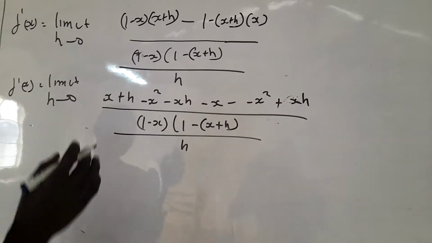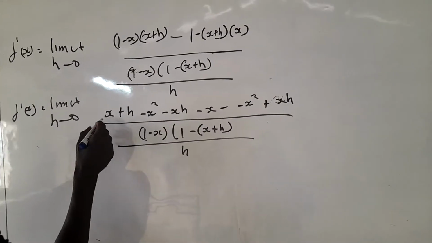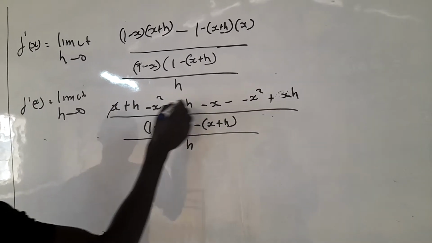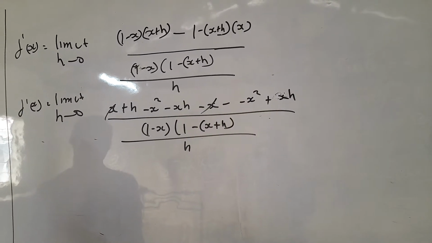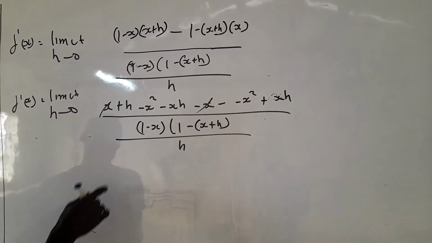Then, from here you can cancel out that which we have to cancel. As you can see, we have positive x, we have negative x. So it means this and this will go. I have this one here.